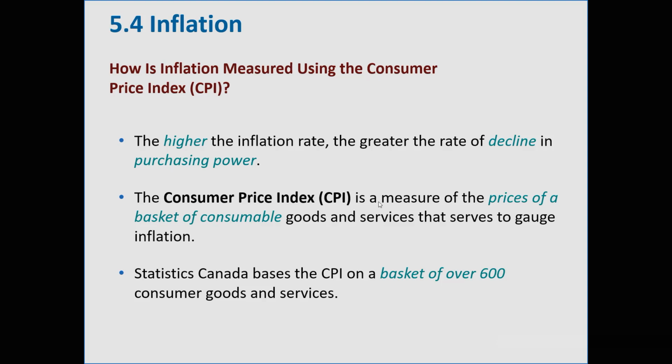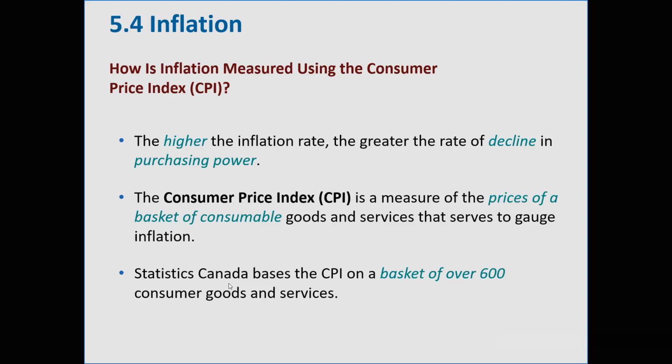So the consumer price index is a measure of the prices of a basket of consumable goods and services that serves to gauge inflation. So you are looking at a basket of goods and services that a typical consumer or a typical household generally buys. And if the average price changes over time, then you know the CPI is going up or inflation is increasing.